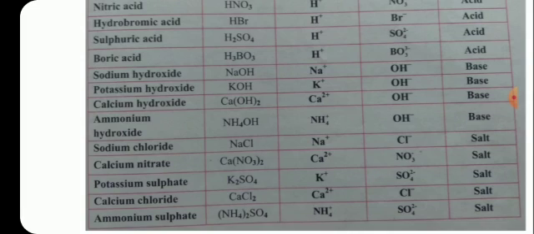Potassium sulfate K2SO4: K+ basic radical, SO4 2- acidic radical, and it is a salt. Calcium chloride CaCl2: Ca2+ basic radical, Cl- acidic radical, and it is a salt. Ammonium sulfate (NH4)2SO4: NH4+ ammonium ion is the basic radical and SO4 2- is the acidic radical, and ammonium sulfate is a salt.